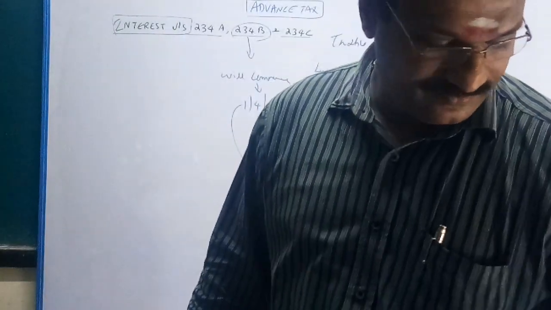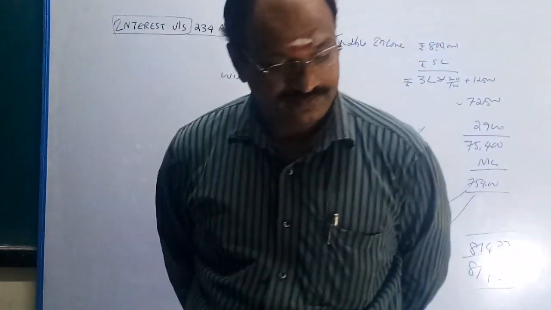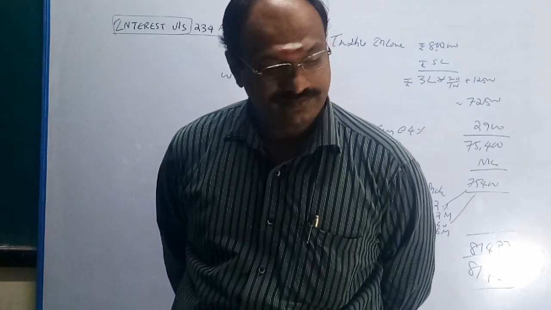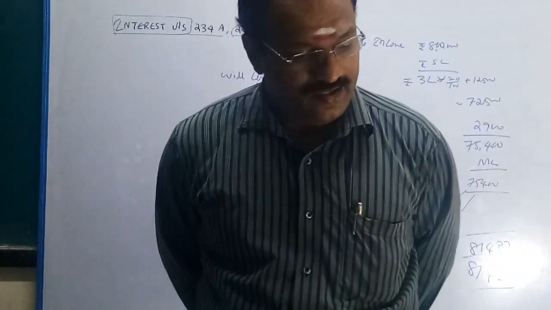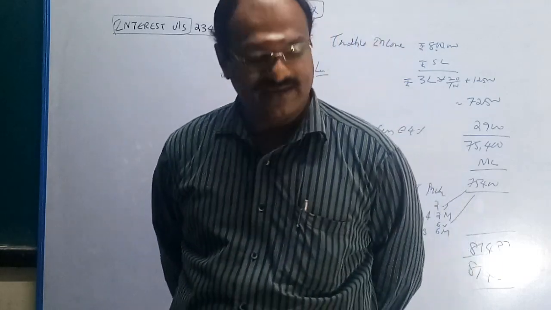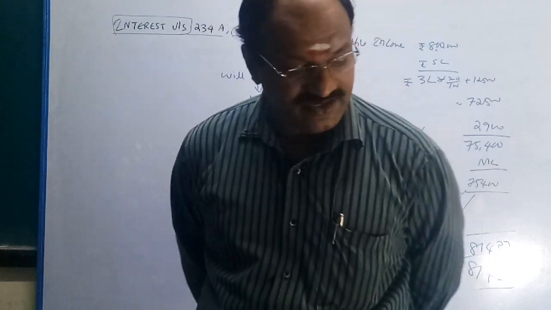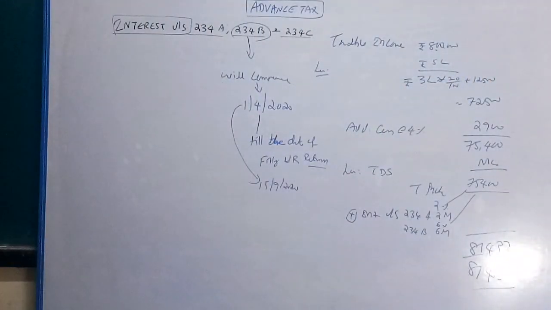Next, note. What is assessed tax? Assessed tax means original tax minus TDS. Any doubt? That's all for 234B. Next we are going to take up 234C.